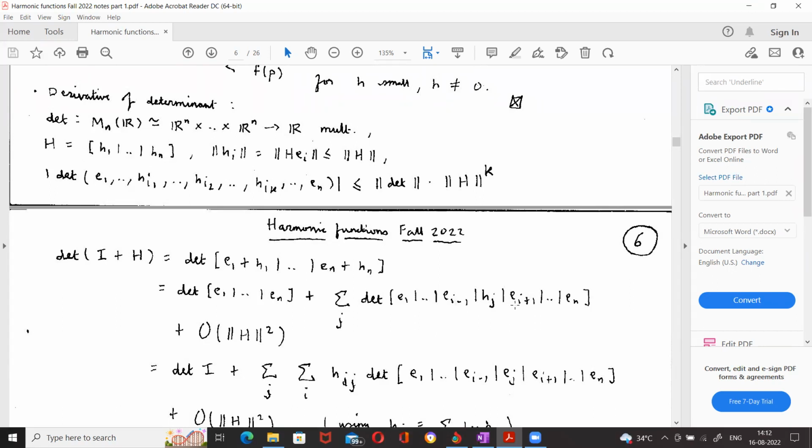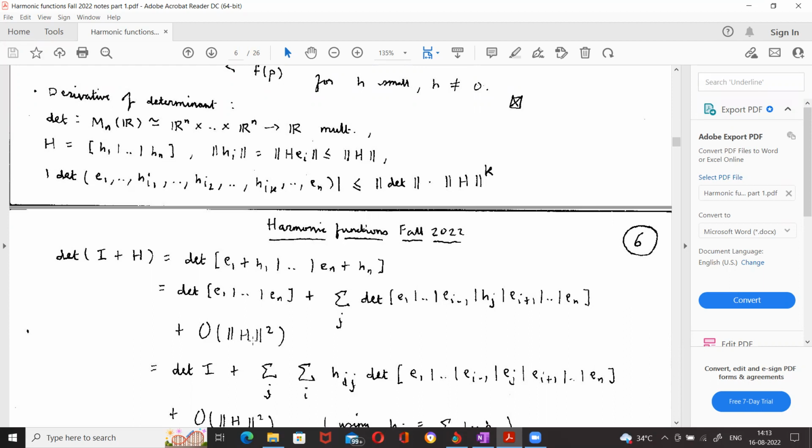So in the jth spot, I've got Hj instead of Ej. And then I'll get other terms where there are at least 2 H's. By this above estimate, whenever there are 2 H's, I get a term which is big O of norm H squared or higher. So all the other terms will give me something which is big O of norm H squared.